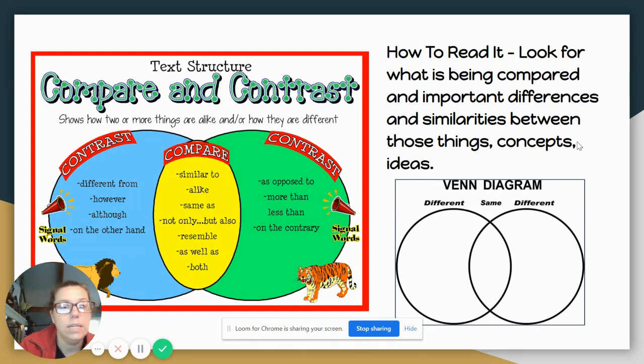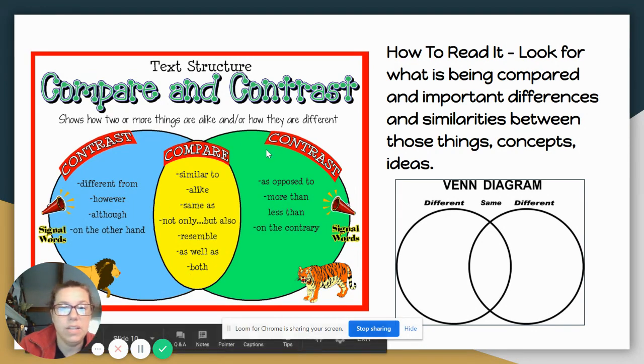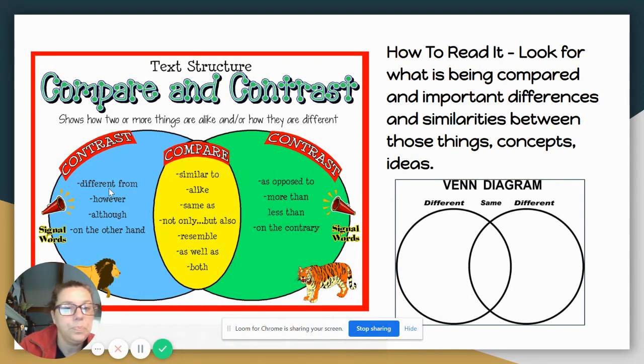Compare and contrast shows how two or more things are alike and how they are different. You might remember these Venn diagrams that we've done probably in almost every grade. Here are some of your key words. And then how to read this, you're going to look for what is being compared. It has to have 2 different things, at least. It could have even more.